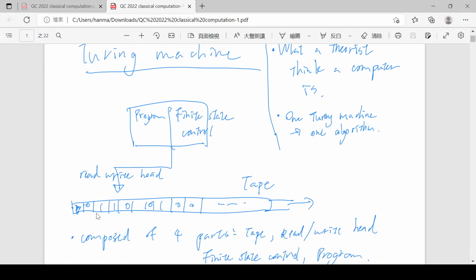So the input will be written on the tape at the start of the computation, and the read-write head will start at the starting position, and the machine will move the head and read-write on the tape according to what the program says, and at the end, whatever is left on the tape is the output of your Turing machine.